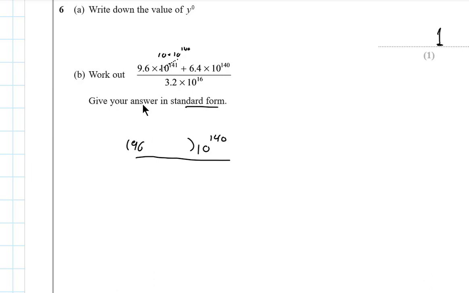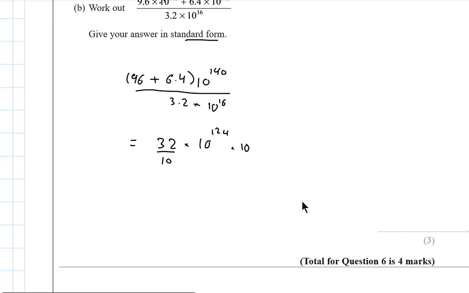I move the decimal one place to the right, and then plus 6.4 as it is, divided by 3.2 times 10 power 16. 96 plus 6.4 divided by 3.2 will be 32, and then times 10 to the power of 140 minus 16, which is 124. But we must write this answer in standard form, so I will multiply by 10 and divide by 10 to be 3.2 times 10 power 125.